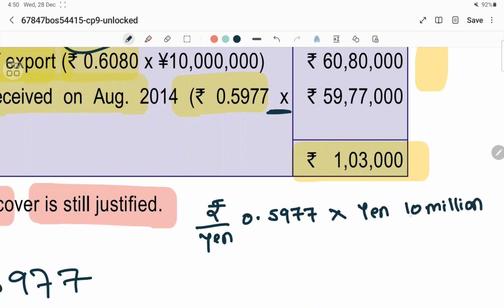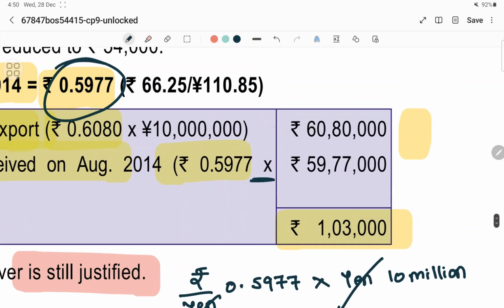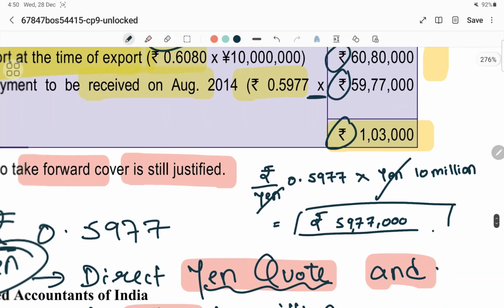When you do this, yen cancels out and you are left with rupee. This is rupee 59,77,000. Okay, this is how we do it.